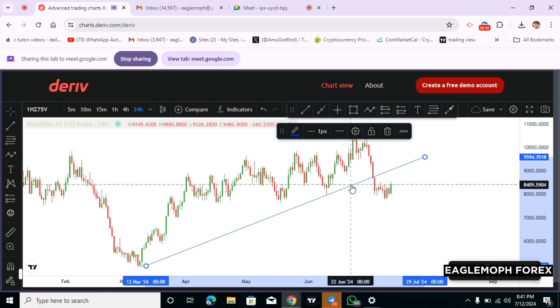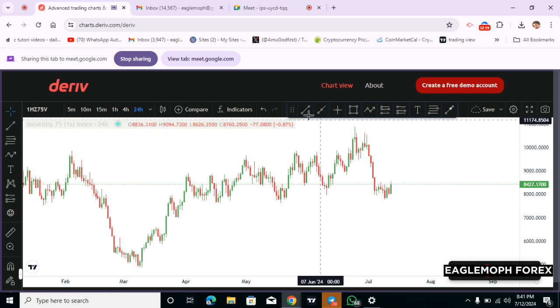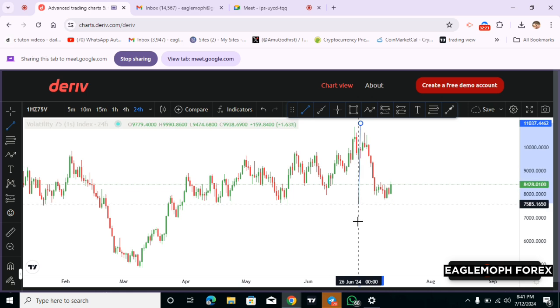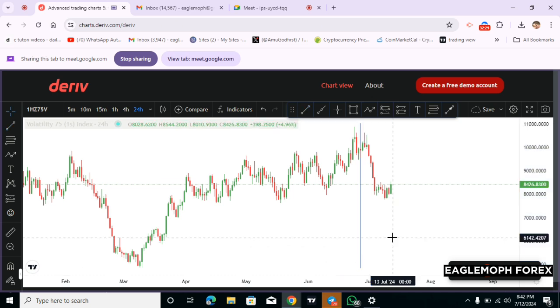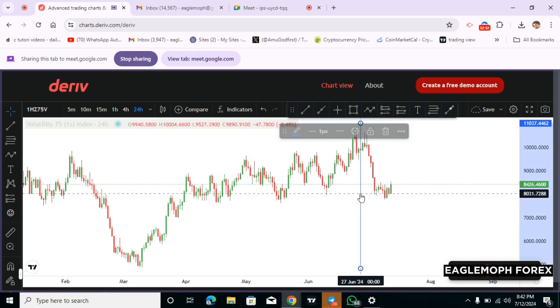So I want to consider anything from this point. Let me see. So anything from here, this blue line I just drew here, let me make it thicker.